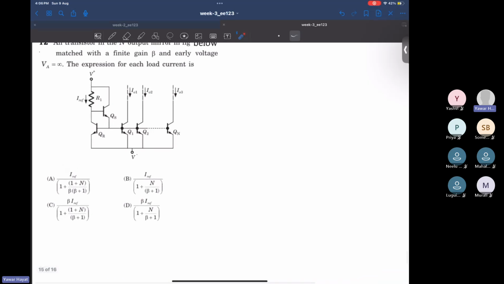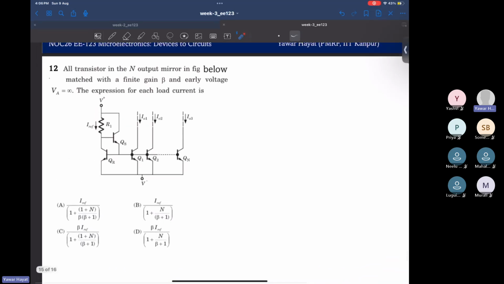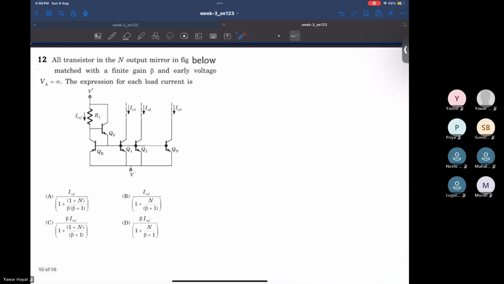This one would be the last problem that we do today. Let's do it well. So you need to find the expression for each load current, right?